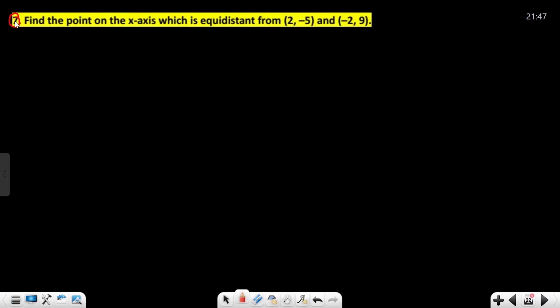Now question number 7. Find the point on the x-axis which is equidistant. We don't know where the point on the x-axis is, so first we make the graph.